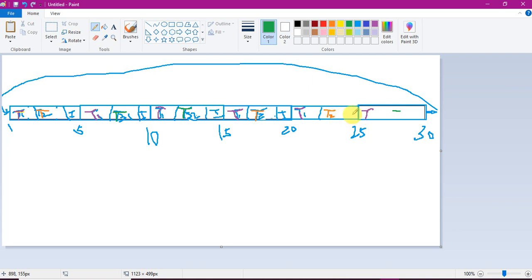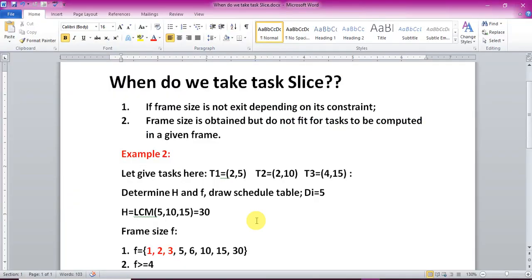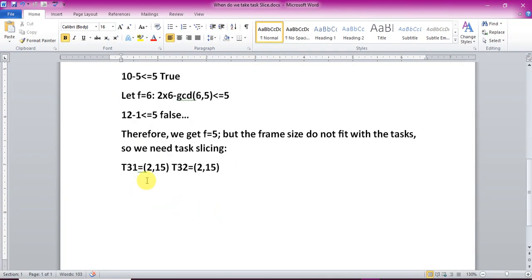Anyhow, if there is a problem, we take slicing again into different components. That means if 2 is not working, we slice again into 1, 1, 2. That is also an essential thing, to split into different components. Since it's a problem, you have seen that T3 can be in the bracket 1, 15.